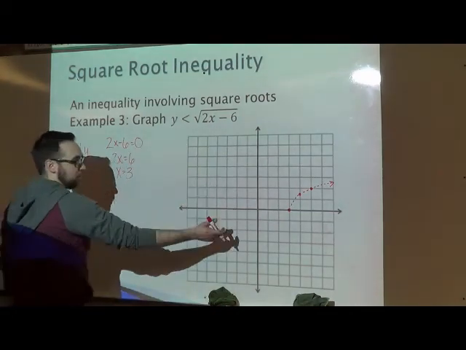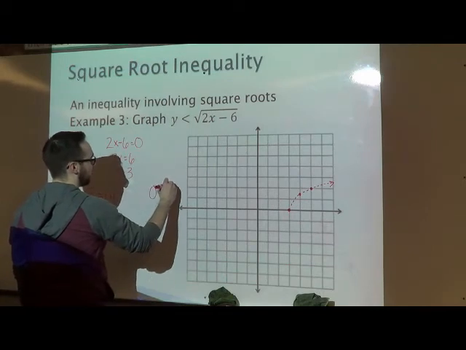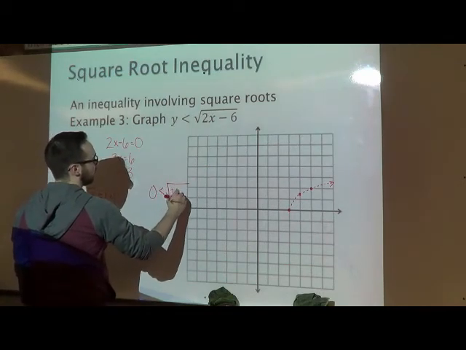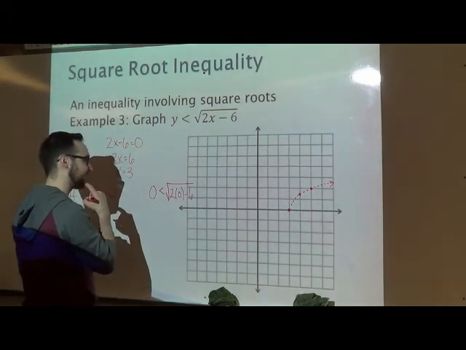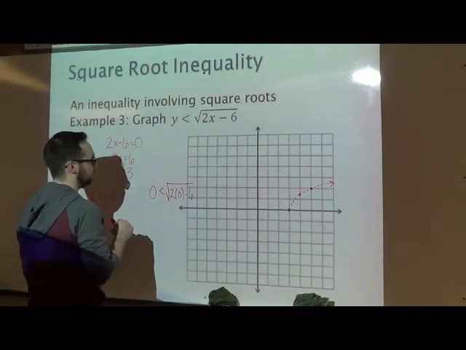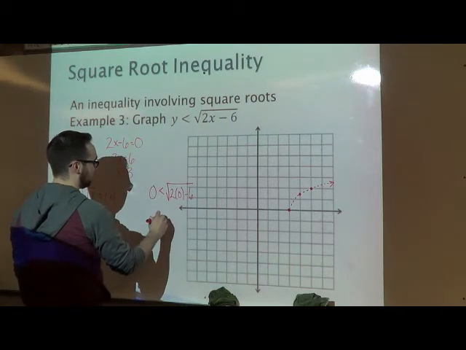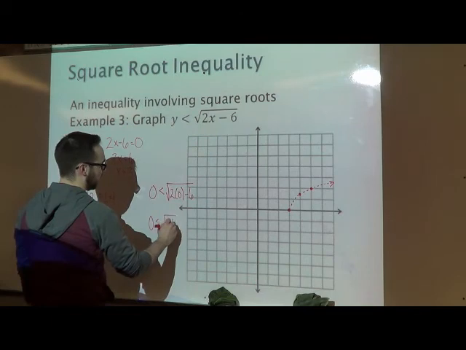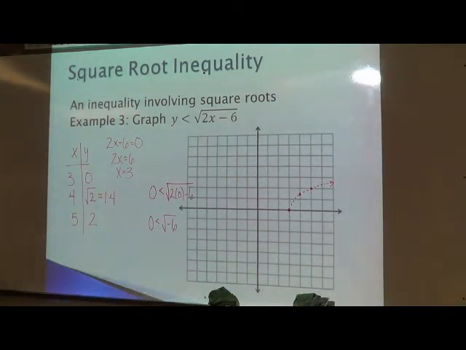So I'm going to, again, plug in that 0, 0. So if I have 0 is less than the square root of 2 times 0 minus 6. That's not going to work, because I'm going to end up with 0 is less than the square root of negative 6, and that's undefined. I cannot have that happen.